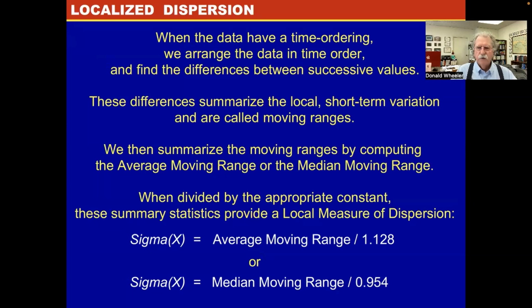When divided by the appropriate bias correction factor, these summary statistics provide a local measure of dispersion. So sigma of x might be the average moving range over 1.128, or it might be the median moving range over 0.954.